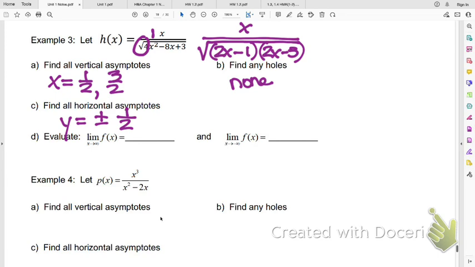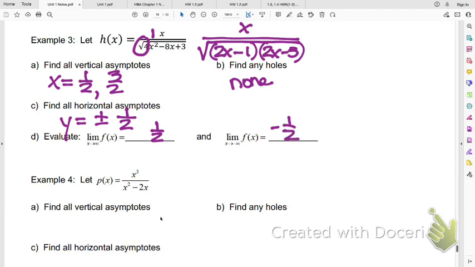So because there's no negatives, plugging in a really big positive number for your x's would give you out a positive number. So the limit at positive infinity is positive 1/2. If I was plugging in really big negative numbers for my x's, I would get out the negative answer.